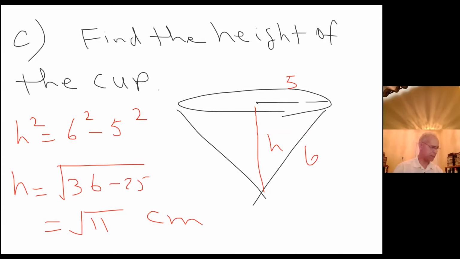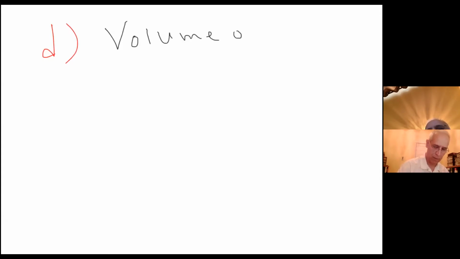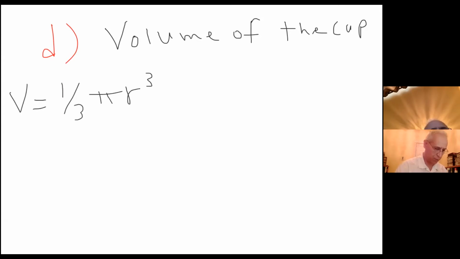And finally, the last part, yes, there is a part D. Find the volume of the cup. Okay, so the shape is a cone. So volume equals 1/3 pi r squared h, sorry about that, r squared.